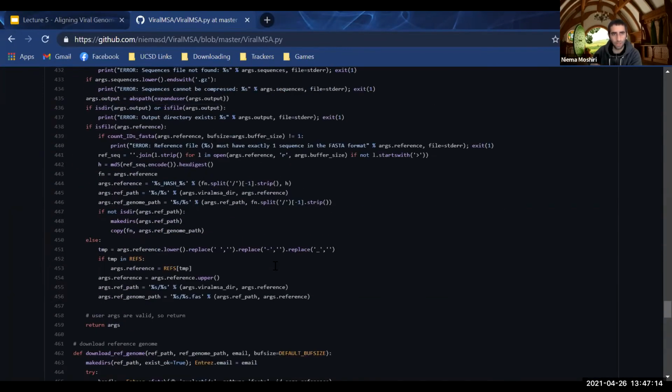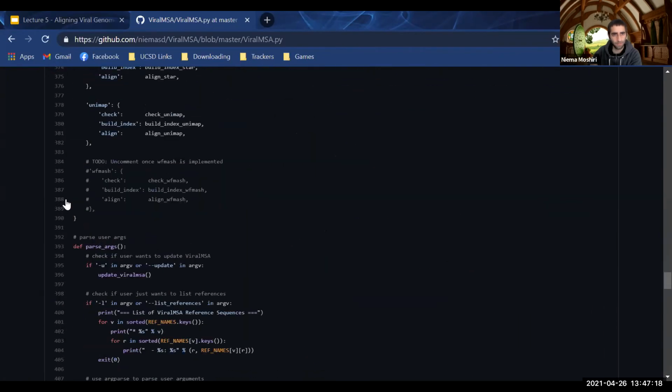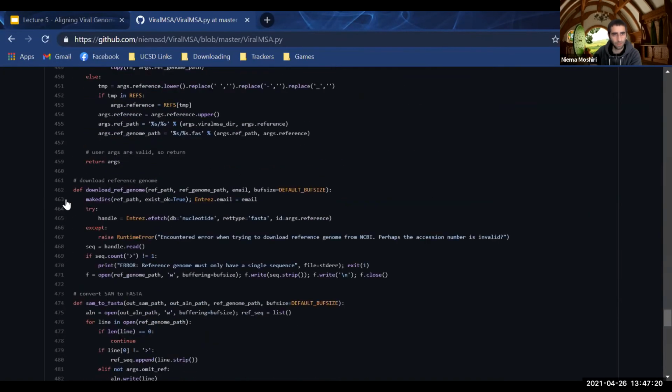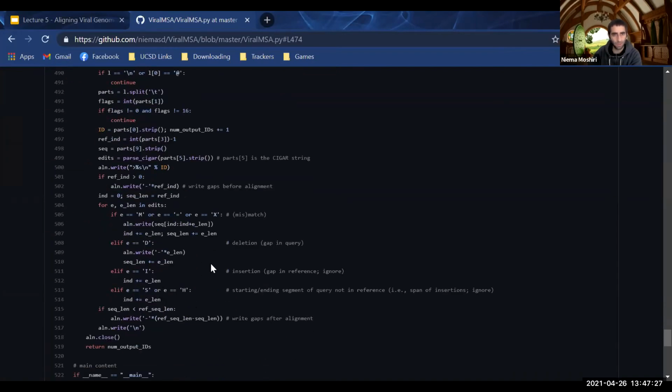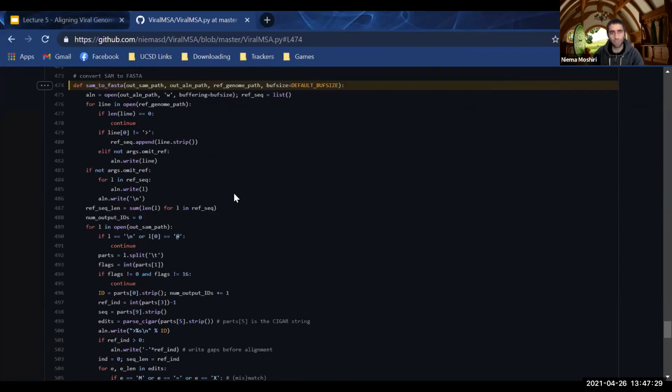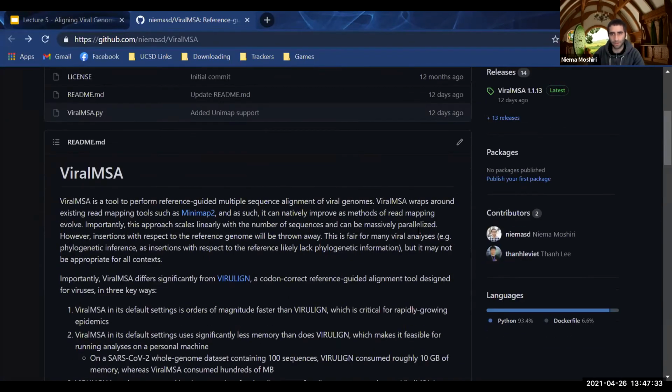Here is where I convert from the read mapping to the multiple sequence alignment. So if you're interested, feel free to take a look at this.